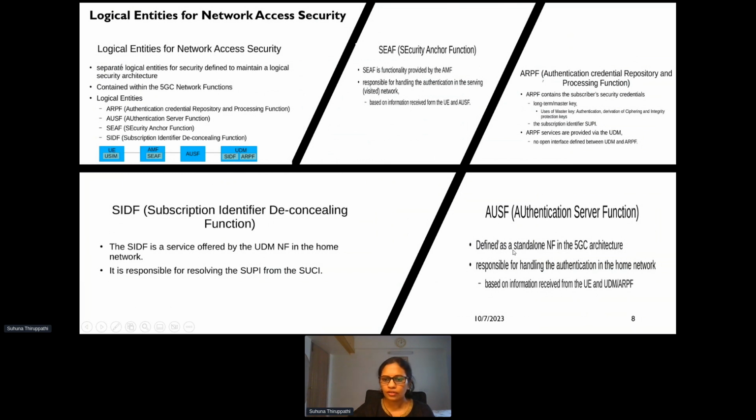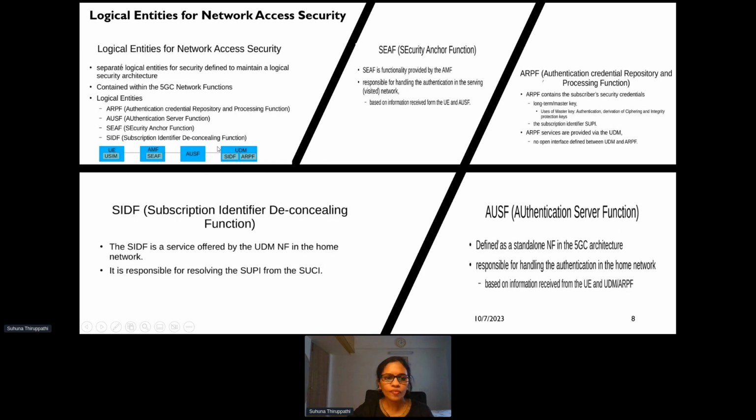So let me cover the authentication server function, because this covers the visited network, and the same functionality is being covered in the home network by AUSF. This is the logical entity which resides in AMF, but AUSF is the standalone network function in 5G architecture, which is responsible for handling authentication in home network based on the information received from UE and ARPF.